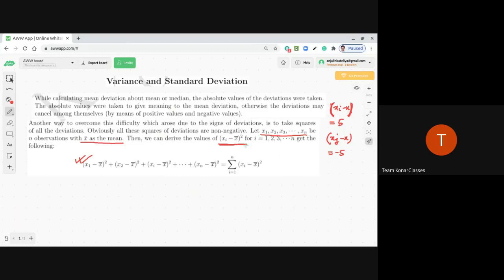That is equal to the summation of i equal to 1 to n (xi minus x bar) whole square. Now, dear students, there are some important observations. Let me first place the note and then let me explain.